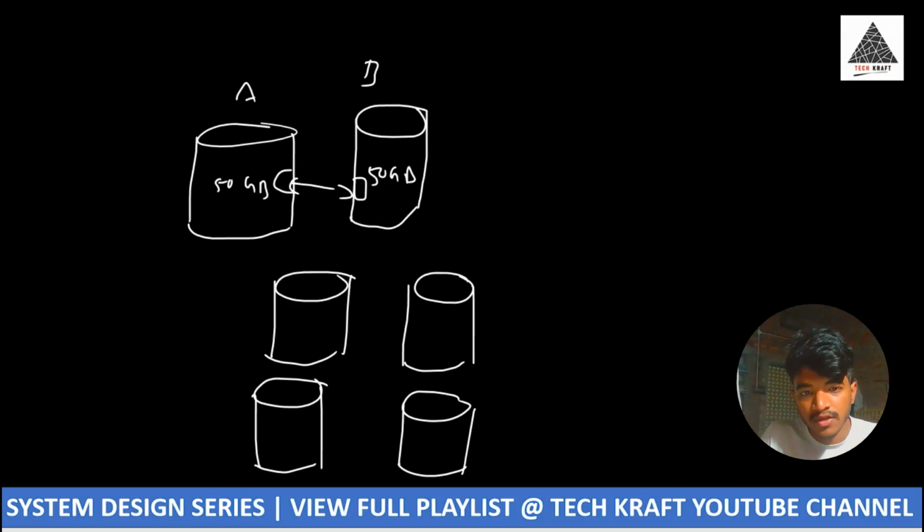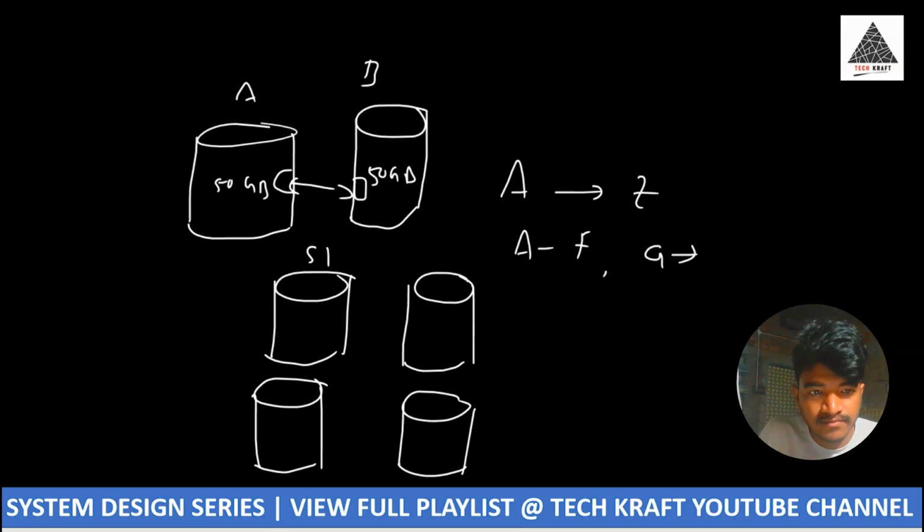Let's say we can distribute with names, like we have letters from A to Z, right? A to F go to shard 1, G to N go to shard 2, O to S go to shard 3, and T to Z go to shard 4.